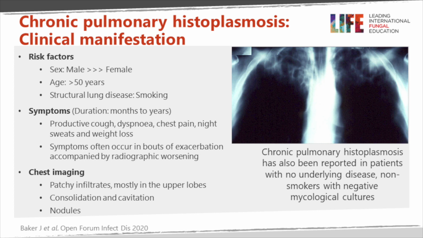The infiltrates are usually in the upper lobes, but you can also get consolidation and cavitation, and it is difficult to distinguish the features definitively from tuberculosis in areas where there's a lot of tuberculosis. Chronic pulmonary histoplasmosis has also been reported in patients who have no underlying diseases and in non-smokers. These days, nodules are a more common feature radiologically, and these can be mistaken for lung cancer in some patients.